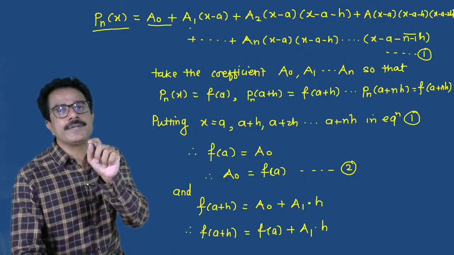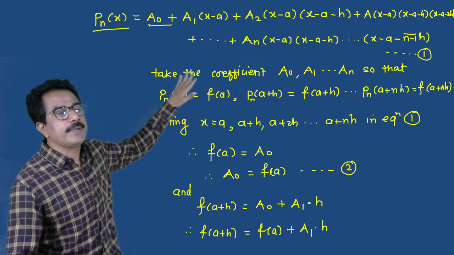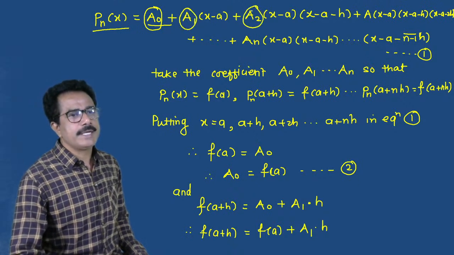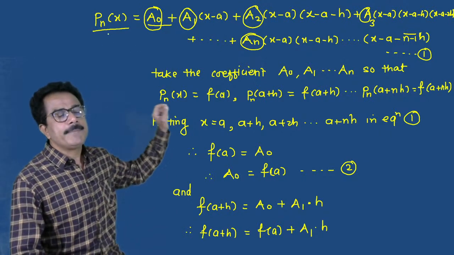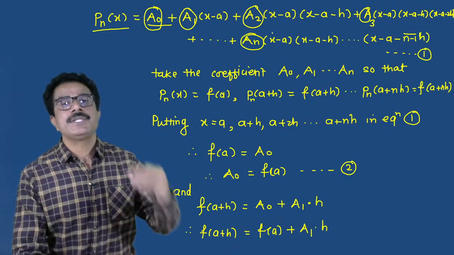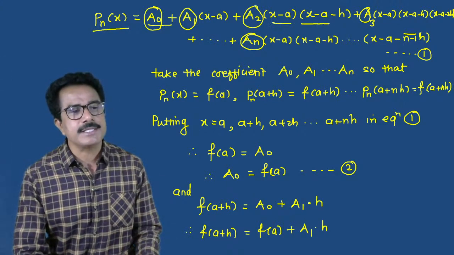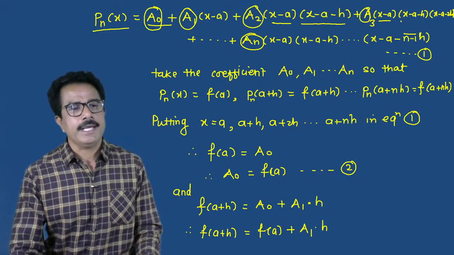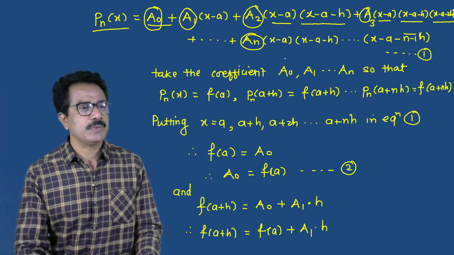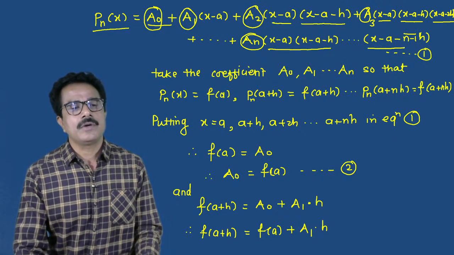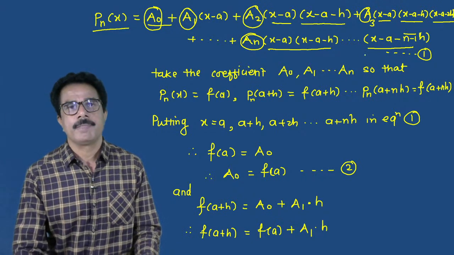You have seen in B.Sc. first year, the unknown polynomial we can obtain by using the constants a0, a1, a2, a3, in this way dot dot dot an, such that Pn of x is equals to a0 plus a1 into x minus a, plus a2 into x minus a into x minus a minus h, plus a3 into x minus a, x minus a minus h, x minus a minus 2h, dot dot dot, an into x minus a, x minus a minus h, dot dot dot x minus a minus n minus 1 into h. Okay.